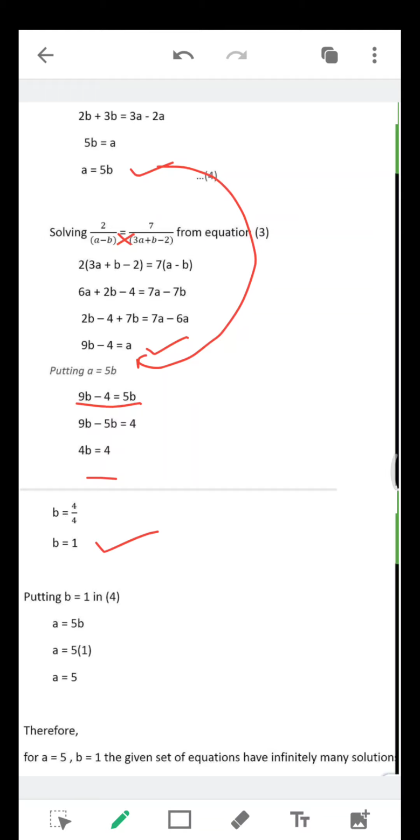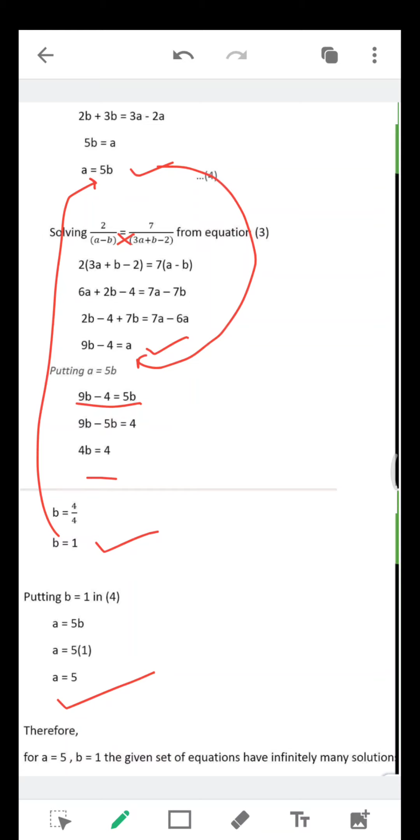This b value you can put back in this equation and you will get a value. So a is equal to 5b, a is equal to 5 into 1. So this way we are solving it by which method? Substitution method. You can use substitution method or elimination method.